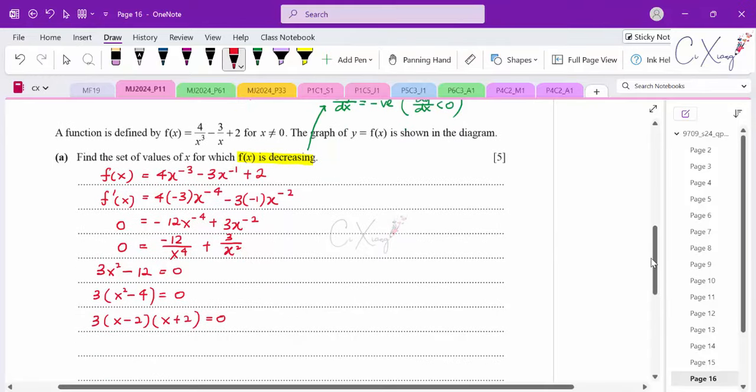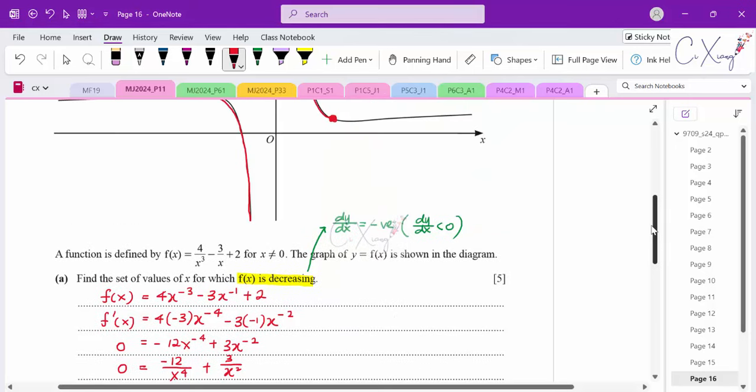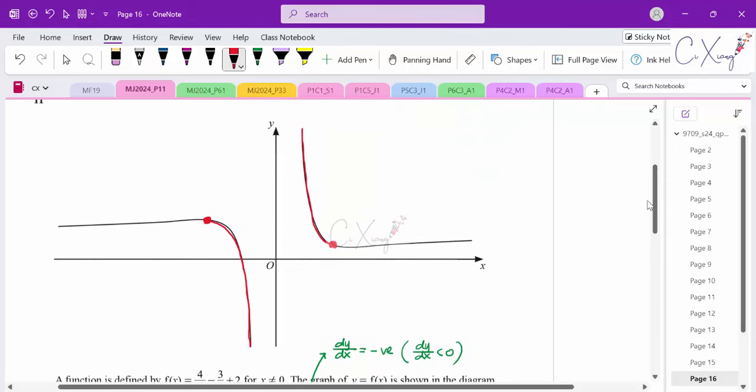From there, I get x equals 2 and also x equals -2. Therefore, these two stationary points have x coordinates -2 and +2.